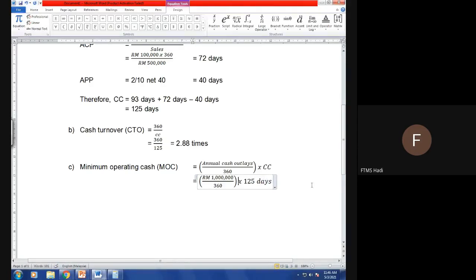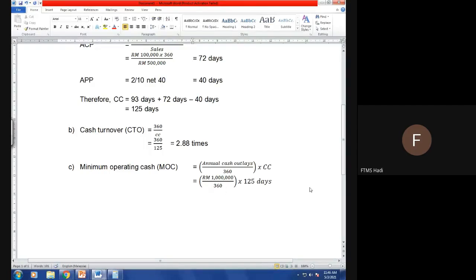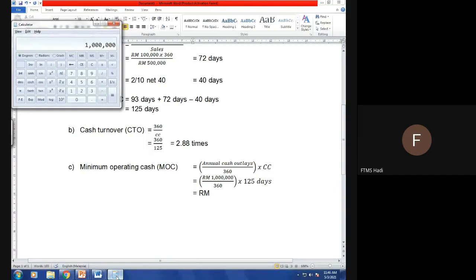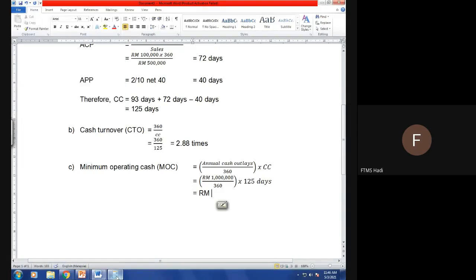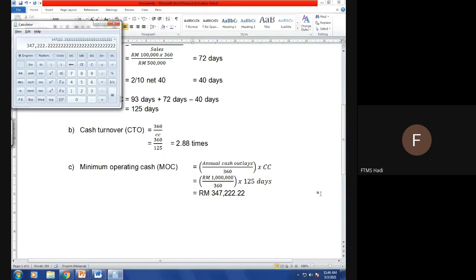If you press the calculator, in RM, 1 million divided by 360 days multiplied by 125. That means one cycle will take RM 347,222.22. If you want to check your answer, multiply this by cash turnover, 2.88, and you still get 1 million.